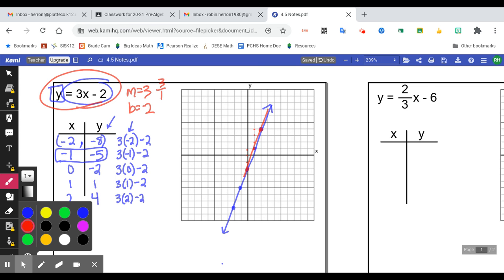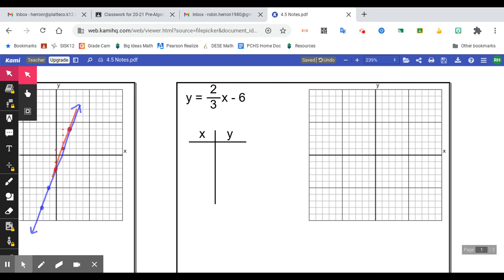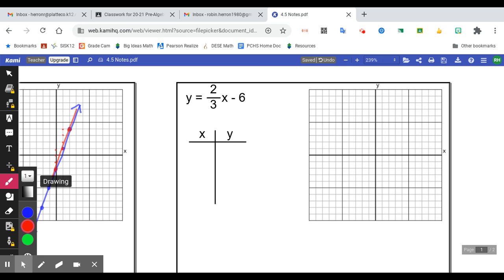Okay? All right. So I told you that if the slope was a fraction, this would be a little bit different. So in class, when we're talking about this, I had you kind of go through and test this out using the negative 2, negative 1, 0, 1, and 2. And we quickly found out that when we plugged this into here, it gave us a yucky decimal. And we don't want to try to graph decimals over here on the graph because that would be crazy.